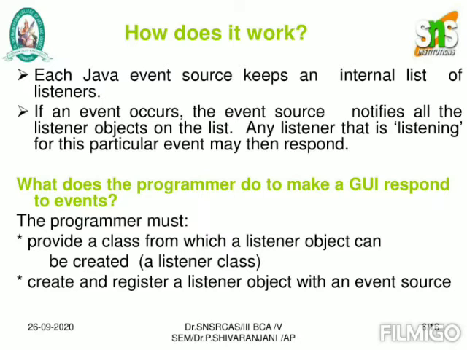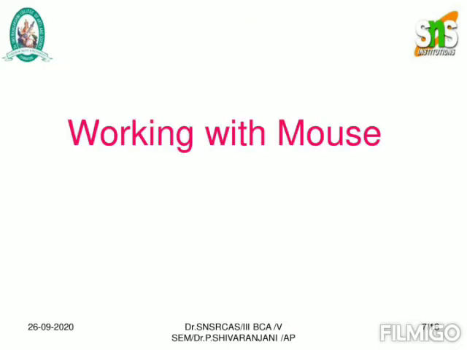How does the programmer make use of this to respond to the event? The programmer must provide a class from which the listener object can be created, then create and register listener objects within the event source. By using these two things, you can respond to the particular event.